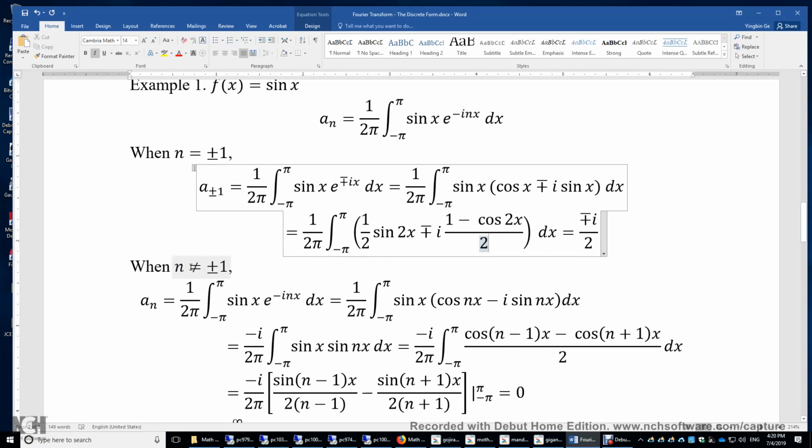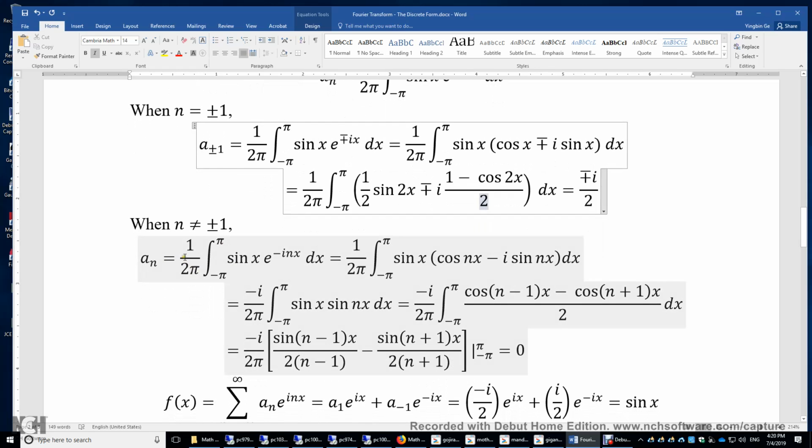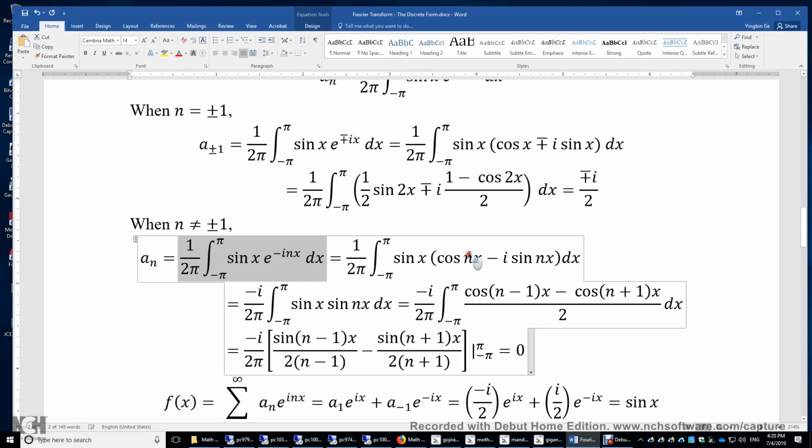What if n is different from positive or negative 1? Well, that's simpler. We evaluate this same integral, and again, the integral of sine x times cosine nx is 0 because this product is an odd function. Now we just need to look at sine x times sine nx, and we take this negative i out of the integral.